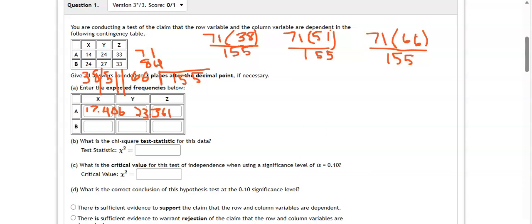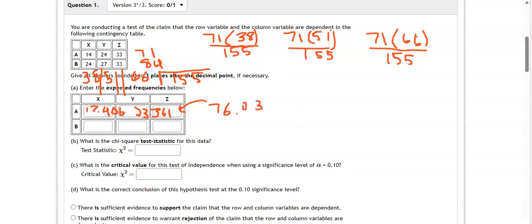And that ends up being 76, so this really belongs in this box. 76.039.